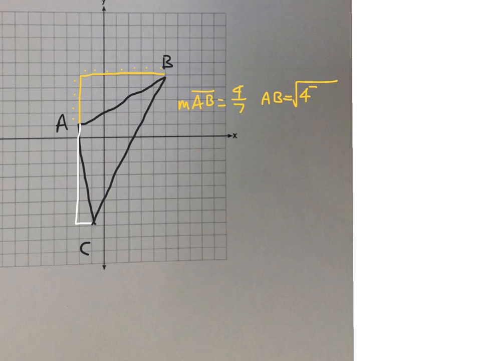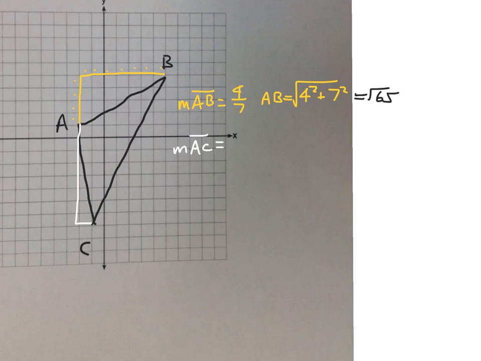That means the distance can be figured out by doing the square root of 4 squared plus 7 squared. Never use the numbers in the reduced slope in this calculation, or it'll be wrong every single time. So I get the square root of 65 for that length. For AC, it's a different slope.